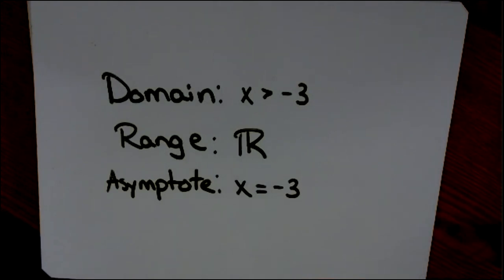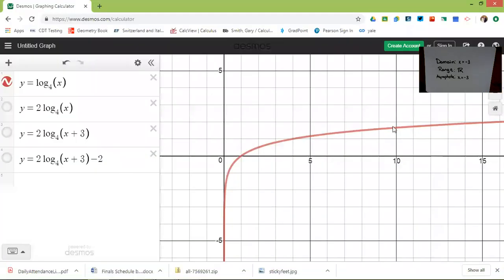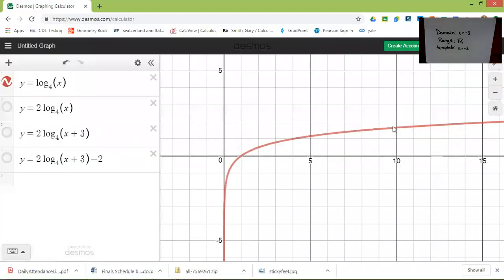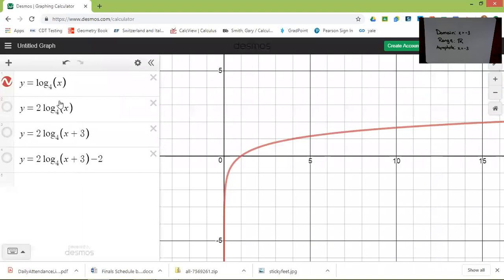To show you the actual graph, I'm going to use desmos.com, and we're going to go over all forms of the graph: the original, the multiplier, the horizontal shift, and the vertical shift. This here is my original log base 4 of x, the parent function, with nothing happening to it. If I multiply it by 2, it takes all my y values and multiplies them by 2.